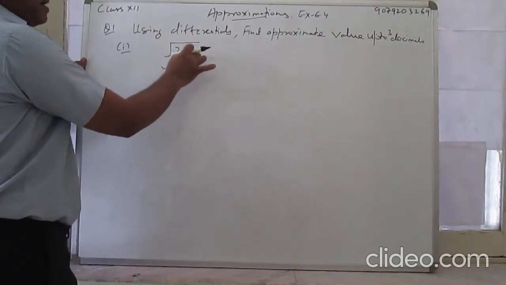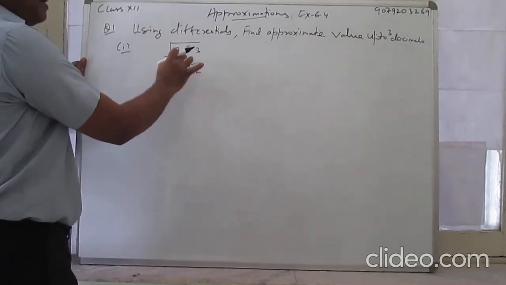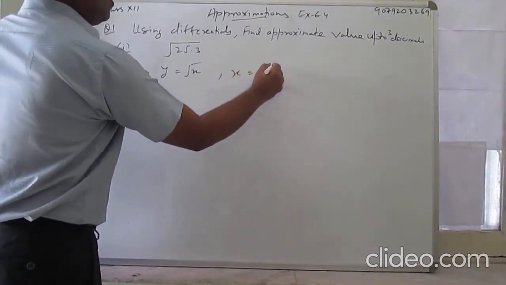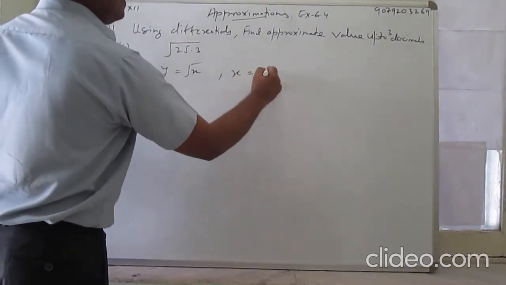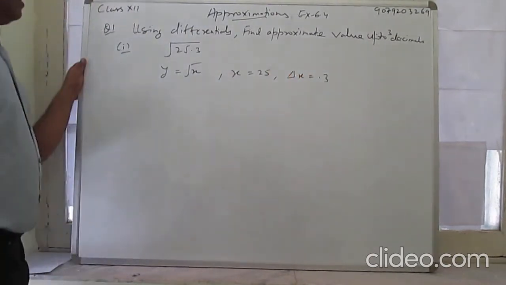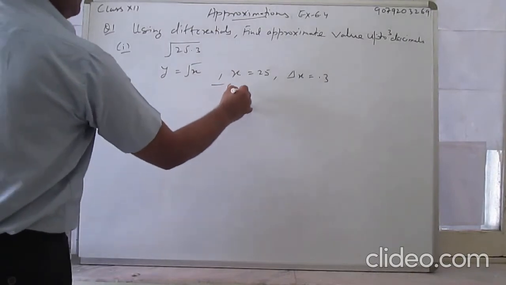ये फंक्शन किस टाइप का है? अगर 25.3 की जगह पर क्या ले लिया? रूट x. Now take x is equal to 25 and small change delta x ले लीजिए 0.3. This is equation 1.